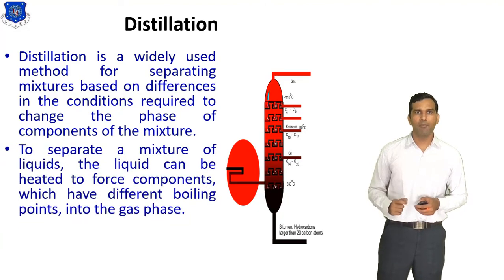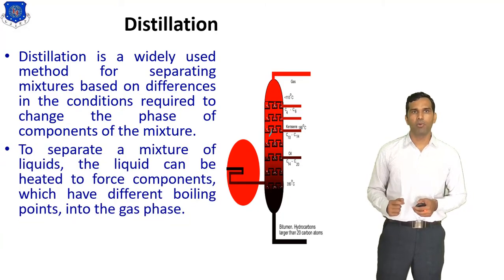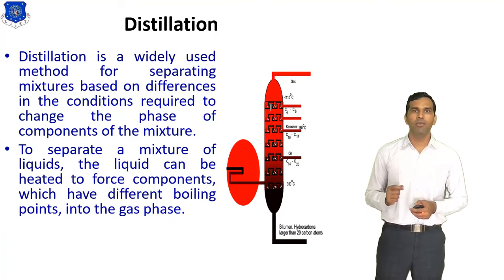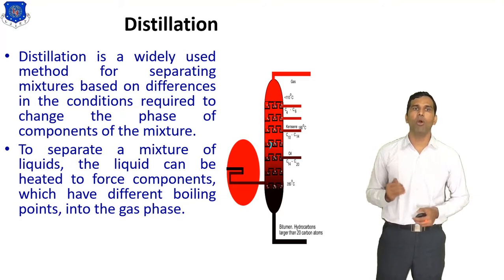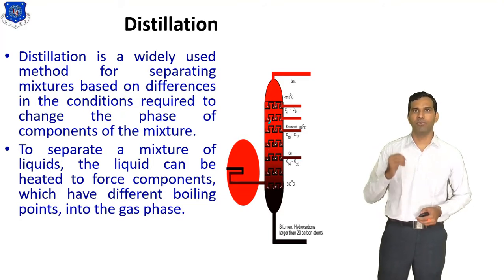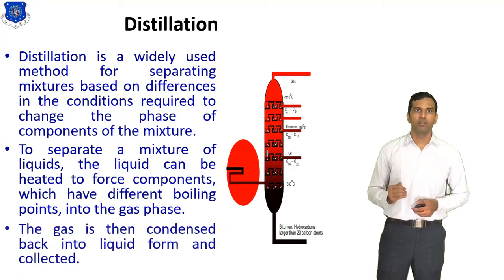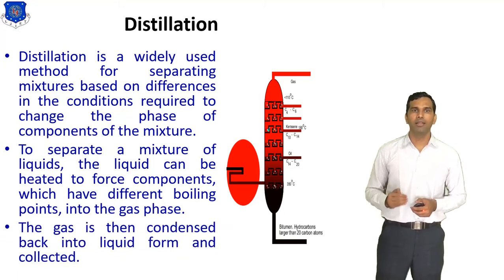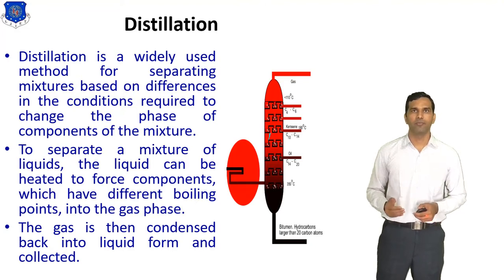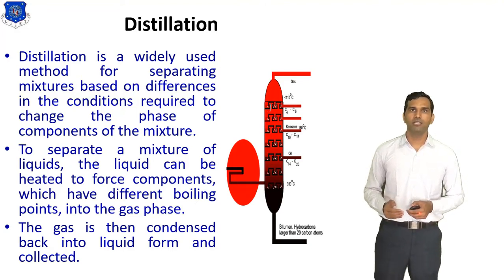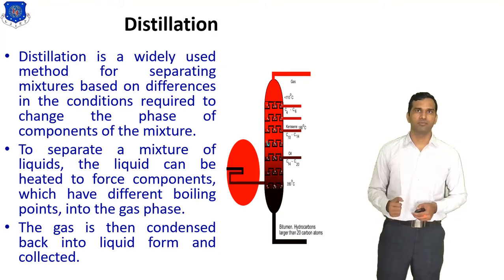To separate a mixture of liquids, the liquid can be heated to force components which have different boiling points into the gas phase. The gas is then condensed back into liquid form and collected. So, this is the simple distillation process.